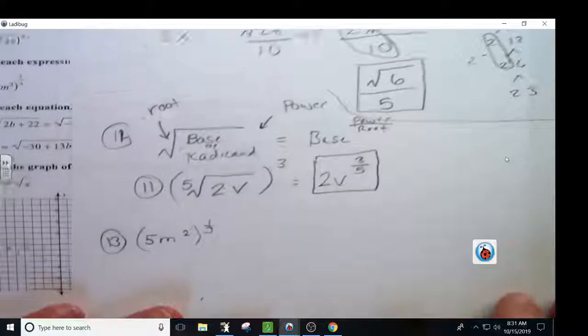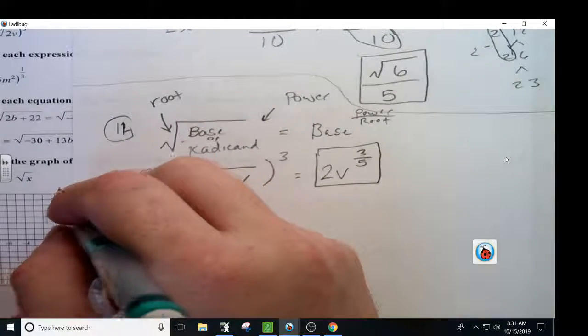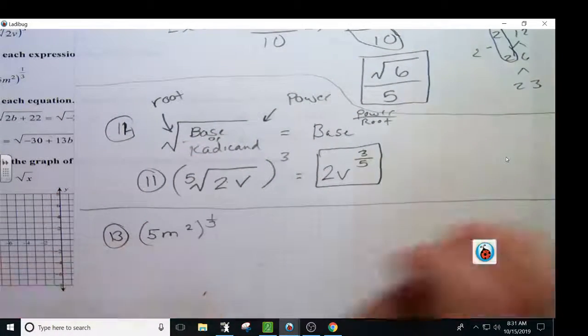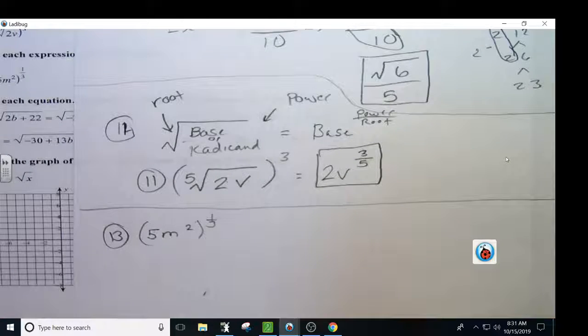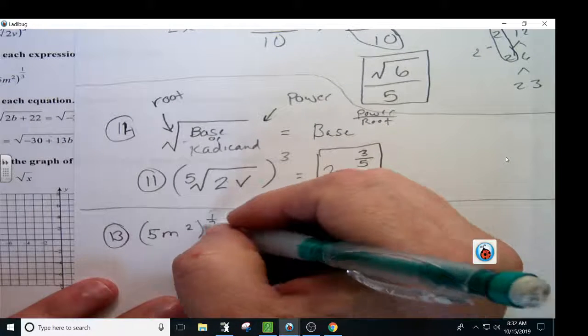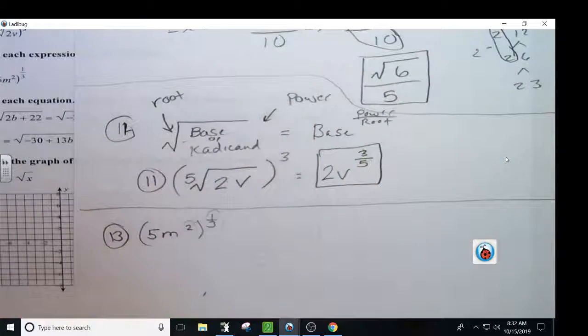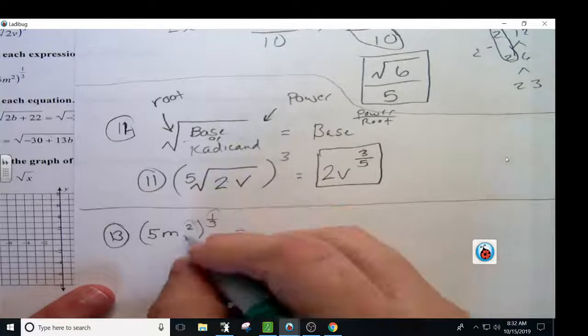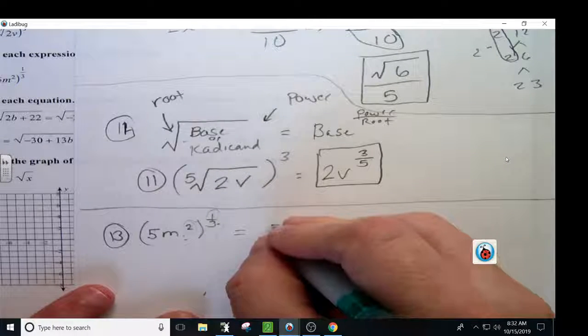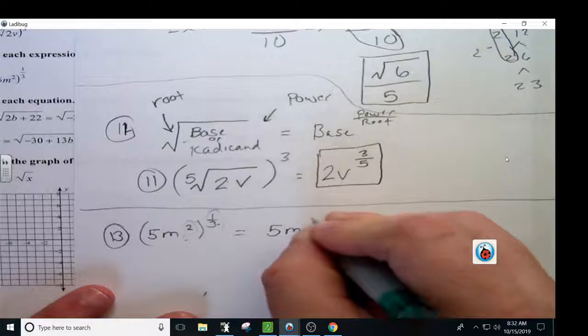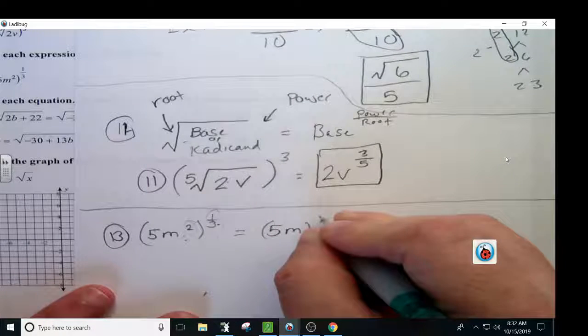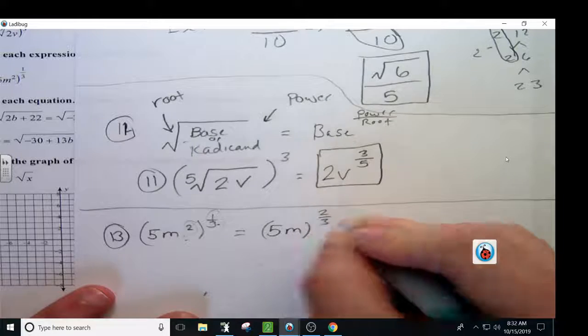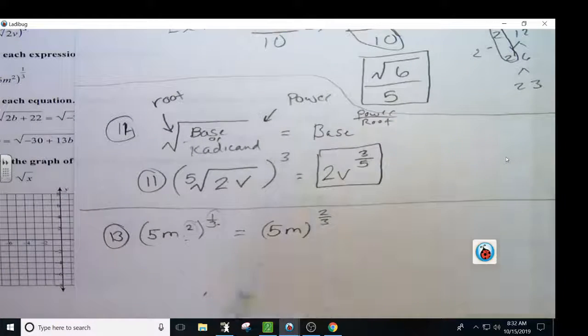Now, guys, this one I think is a little different than we've done before, but it's not very hard. Now, you've got a power here and a power here. Now, what you're going to do here is you need to multiply those. So that's going to be 5m to the 2/3 power. Because what's 2 times 1/3? 2/3, right?